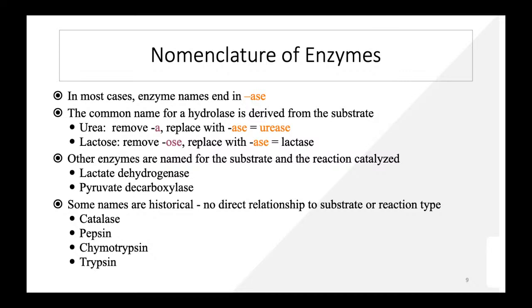Like if it is urea, we can remove the A from the end and replace it with ase, so it becomes urease. Then there is lactose; we can remove the OSE from the end and replace it with ase, and it becomes lactase. That's how we basically give names to enzymes.